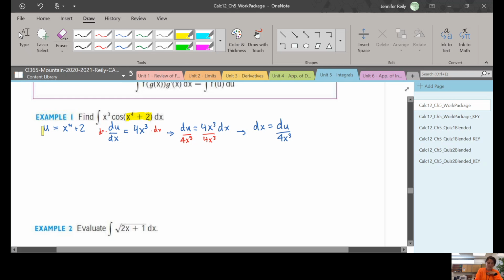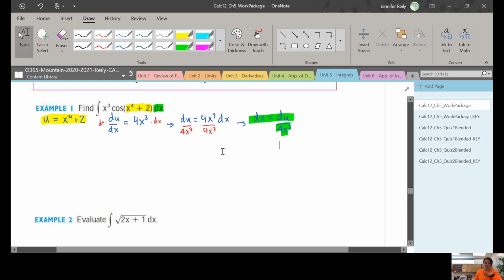So I'm going to be subbing out the x to the power 4 plus 2 with the u, and I'm going to be subbing out the dx with du over 4x cubed. Remember, this dx came from taking the derivative of u.